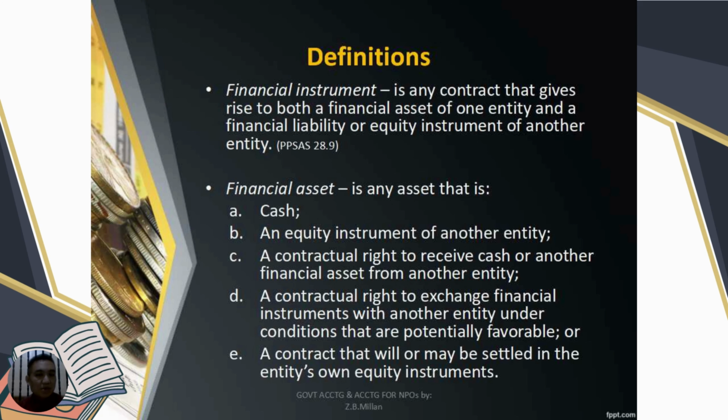So, how do we define financial instrument? It is any contract that gives rise to both a financial asset of one entity and a financial liability or equity instrument of another entity. And how do we define a financial asset?